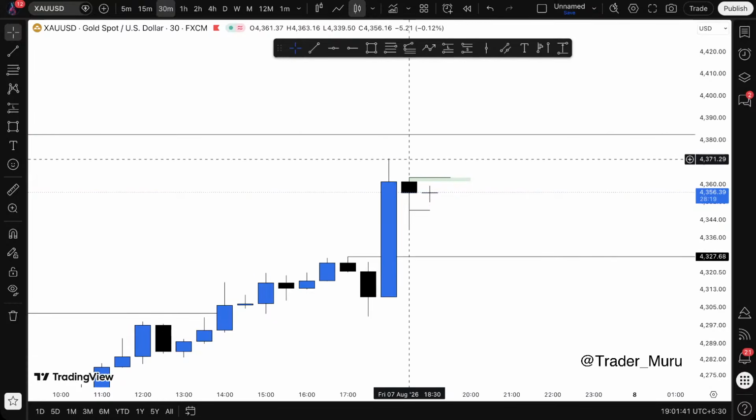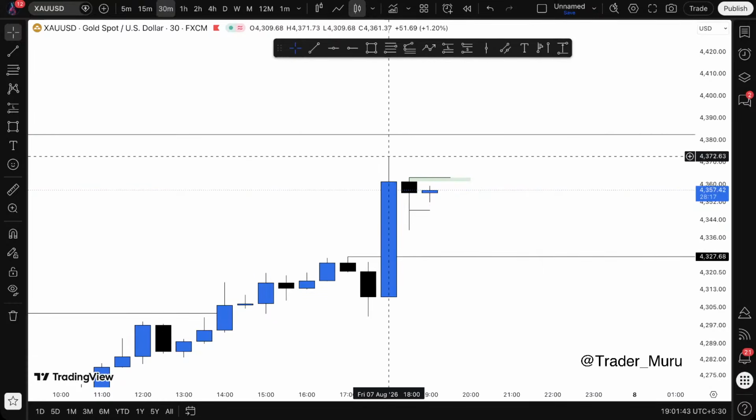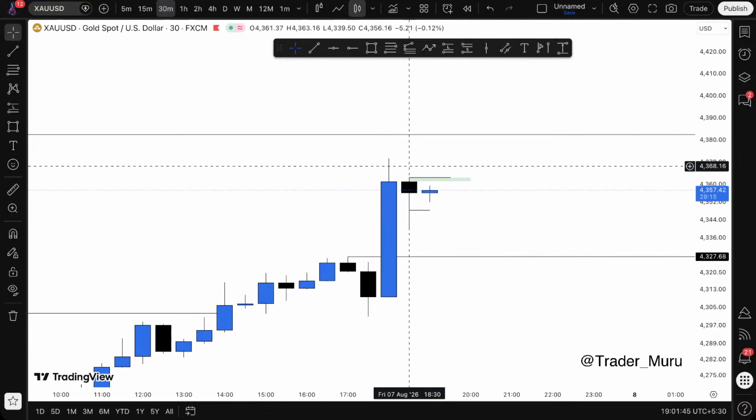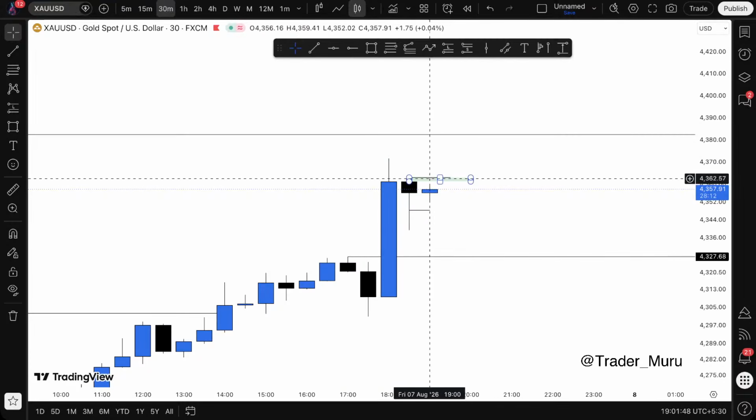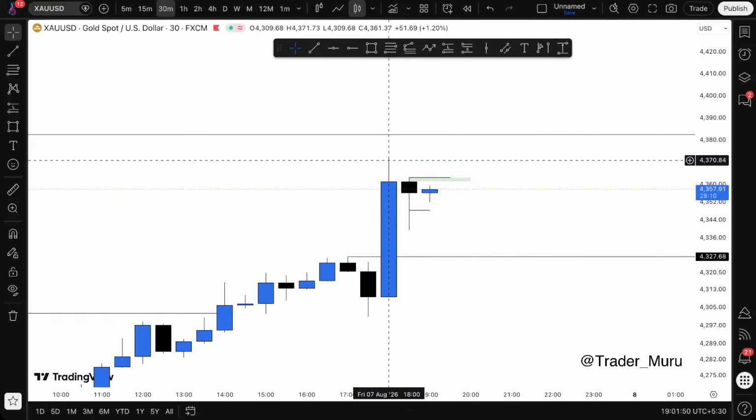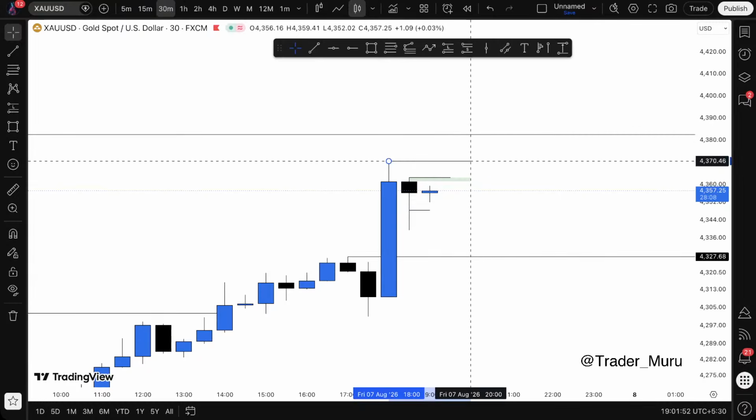Price should sweep this high. There is no liquidity here. See, only present liquidity is above this high.